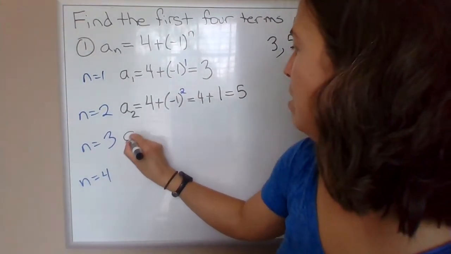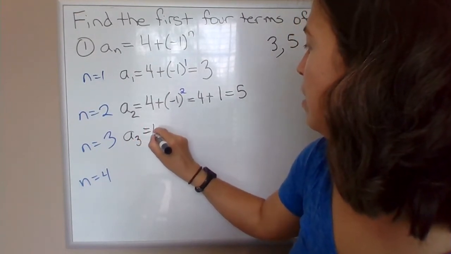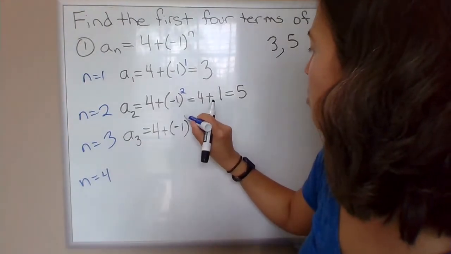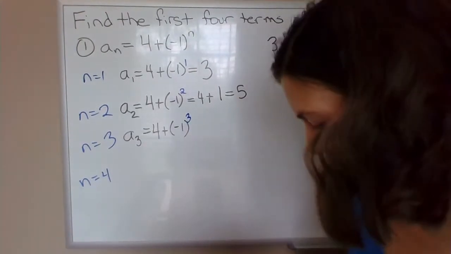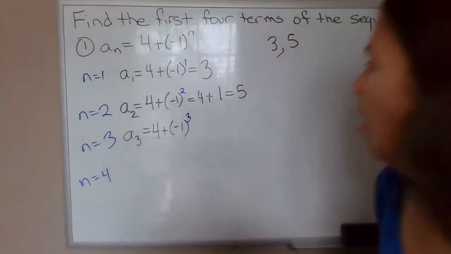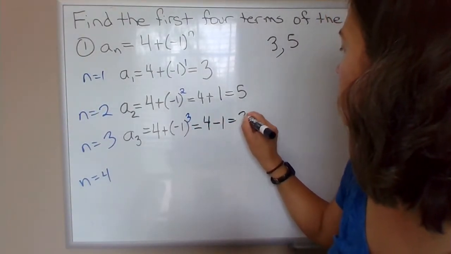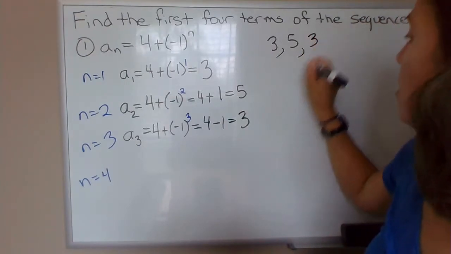N equals 3, so third term we plug in 3 for n, so negative 1 to the third. Negative 1 to an odd power will be negative 1, so this is 4 minus 1, so 3. Third term is 3.